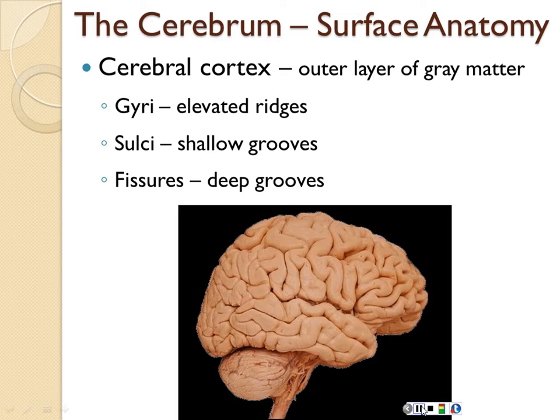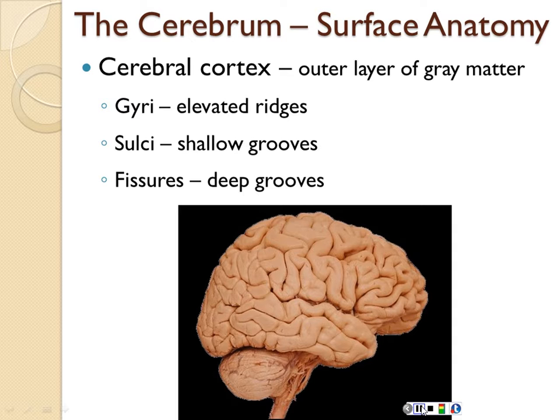When I say cerebrum, the brain has really 3 major parts to it. The bulk of the brain, all of this here, is the cerebrum. But there's also this part which is called the cerebellum, which we'll get into. So the bulk of the brain, which we call the brain, is called the cerebrum.